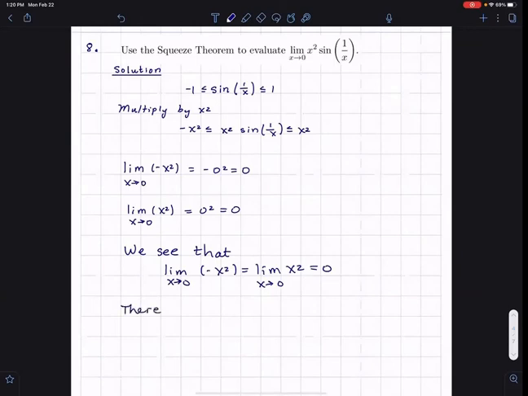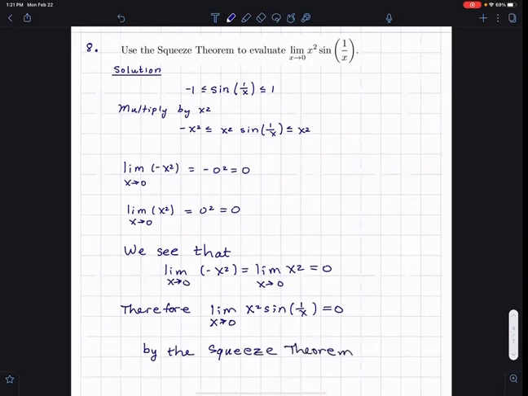Therefore, the limit of the inside function, the one that's being squeezed or sandwiched by those two other functions, equals 0 by the squeeze theorem. And I'll put a little box like I'm declaring victory.